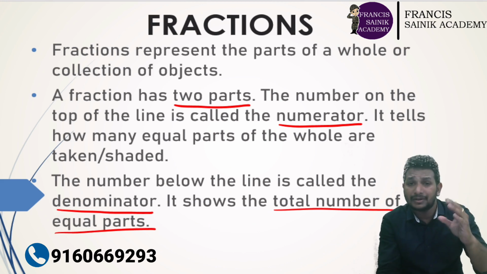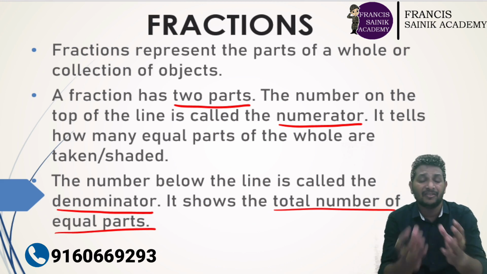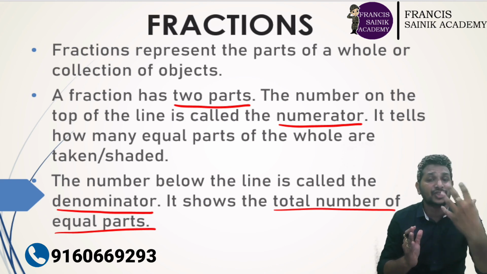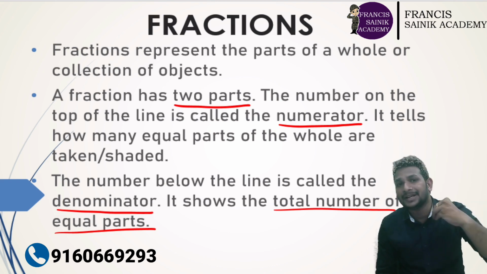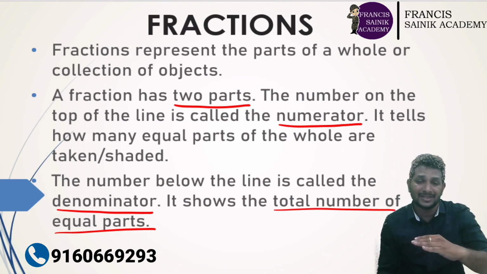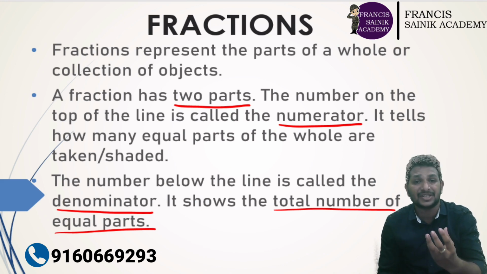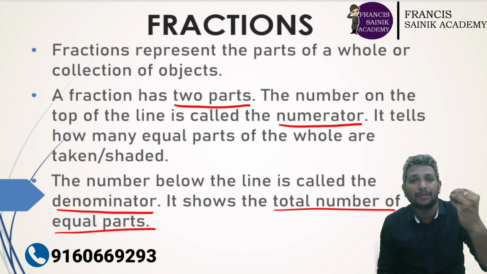So in this example, the 2 parts which you consumed is the numerator on the top of the line, and the total parts below is the denominator.